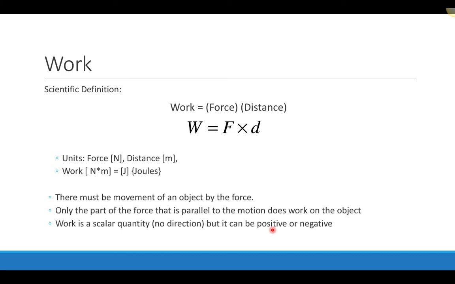An example of negative work is that if that crate was on a rough surface, there could be some friction, which is opposing the motion, and the work that's done by friction is negative. It's not helping the object move, it's actually hindering its motion. And we're not going to talk a lot about the fact that work can be positive or negative, but I did want to mention that that can be the case.